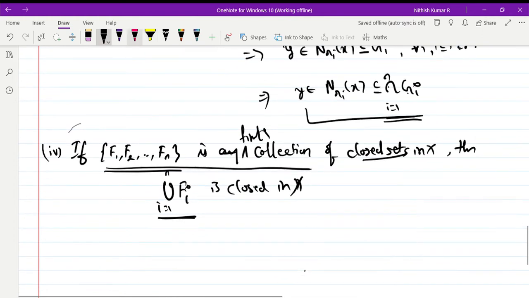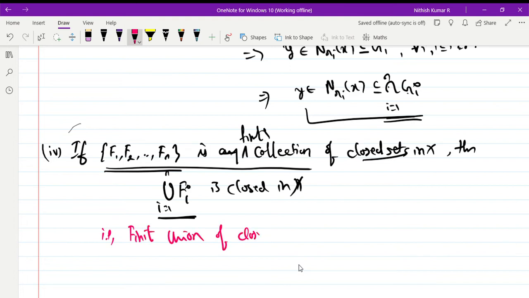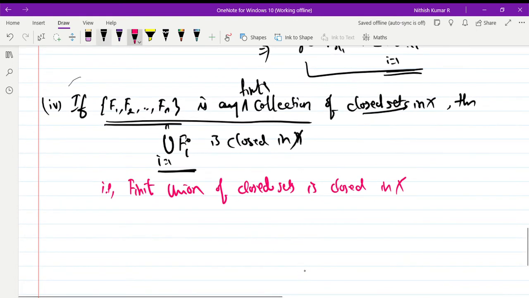That is, a finite union of closed sets is closed in any metric space X. So we shall prove this now.